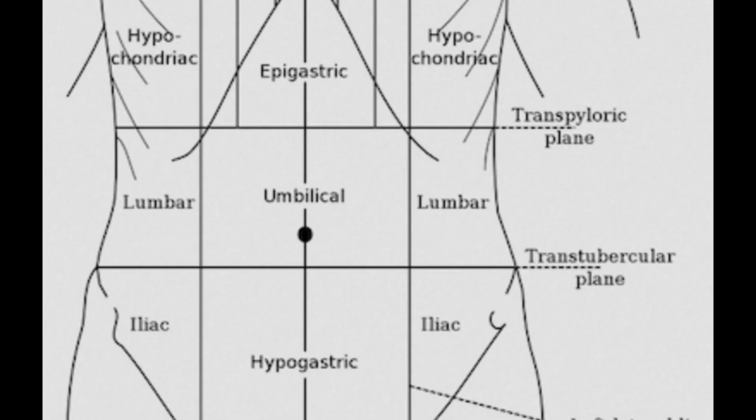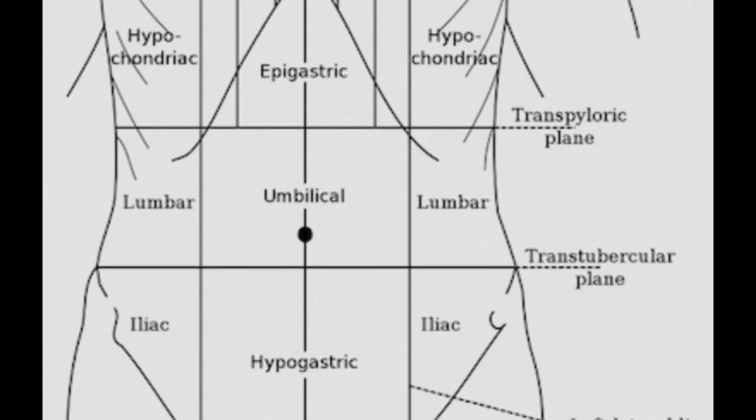Before talking about the relationship of different structures with the spleen, it is important to talk about the abdominal quadrants, which specify the location of different intra-abdominal organs. This image clearly shows the nine quadrants. The spleen lies in the left hypochondriac region.